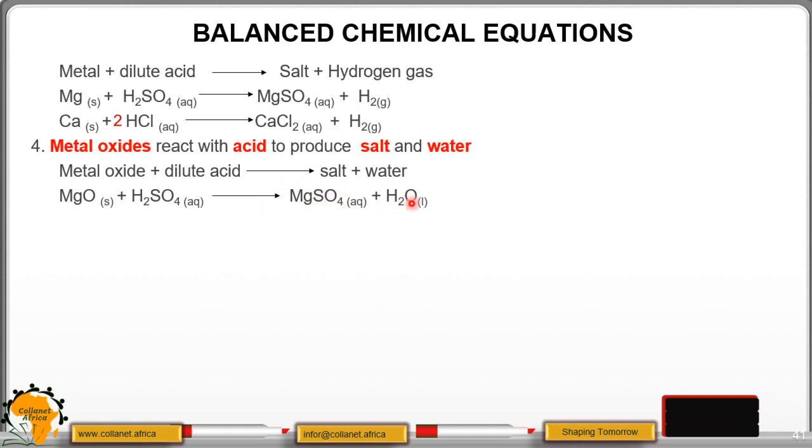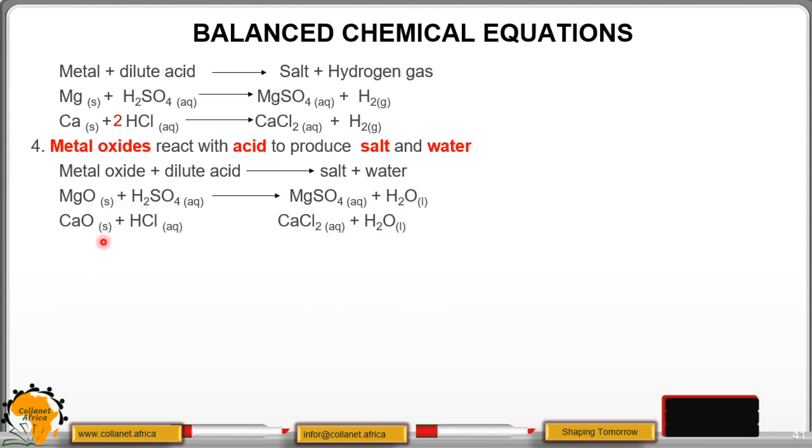Then we have water. Now let us go to balancing. For magnesium, we have 2 and 2 this side. When you look at the number of oxygen atoms, we have 5. These are 1 plus 4, you get 5, and the other side they are 5. When you look at the magnesium, they are okay.